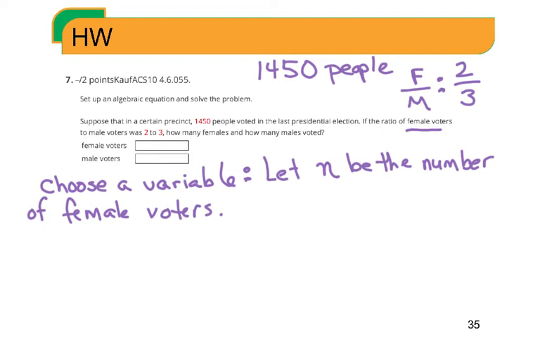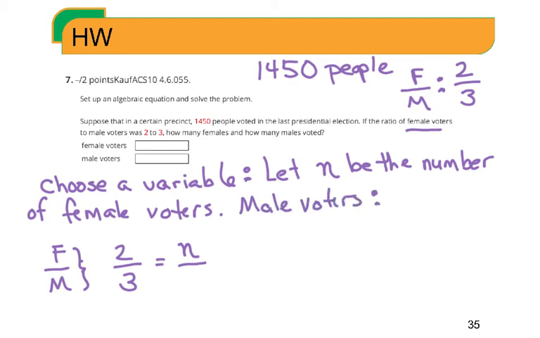So I have female to male. This ratio is going to be 2 to 3. The female voters is going to be N. How do I express the male voters?